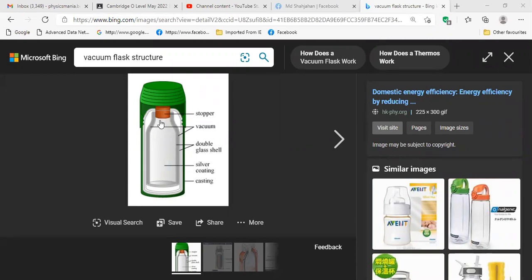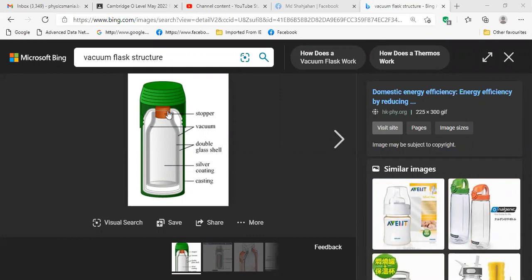If it is completely full of liquid, then there is likely no air inside. But if it is a little less filled, not completely filled, we have a little amount of air inside, and that air cannot move, it is trapped. And this way, this stopper is stopping the convection process.